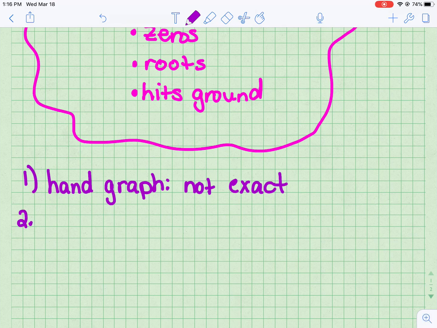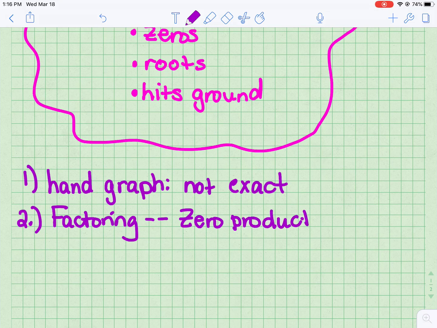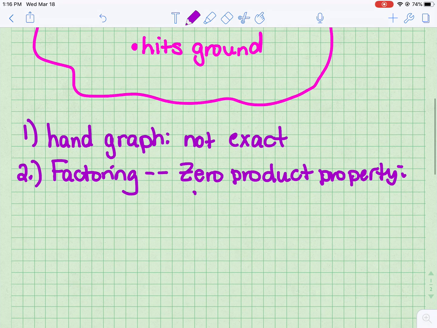The second way is factoring and zero product property. Now this one is the easy one if it's a simple equation that's easily factored.